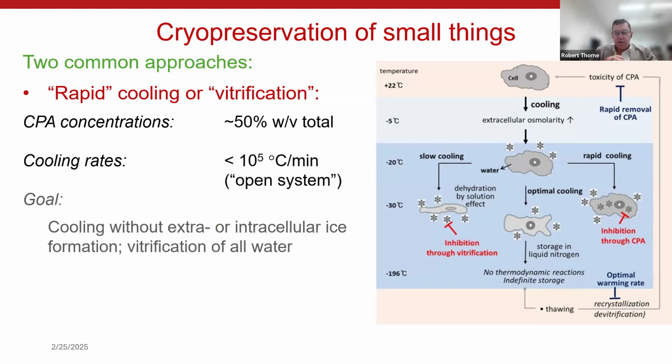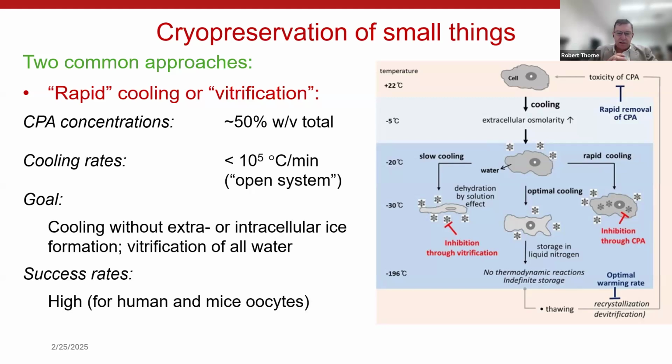And the goal here is to cool your sample without forming any extracellular or intracellular ice. So all the water in your sample should vitrify. And the success rates can be quite high, especially for human and mice oocytes. For other species, methods are still in development, and it remains to be seen.